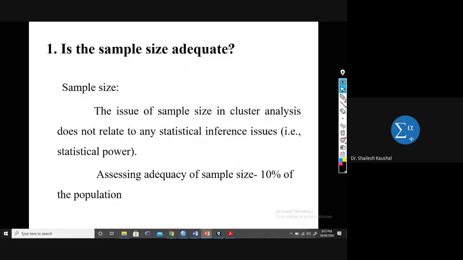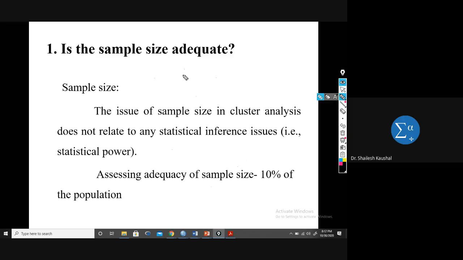Here, the meaning of sample size is, in whatever clusters we are creating, how many people or how many objects should be in each cluster. For example, I am taking an overall sample size of 100 buyers, and I want to divide the 100 buyers into different clusters.